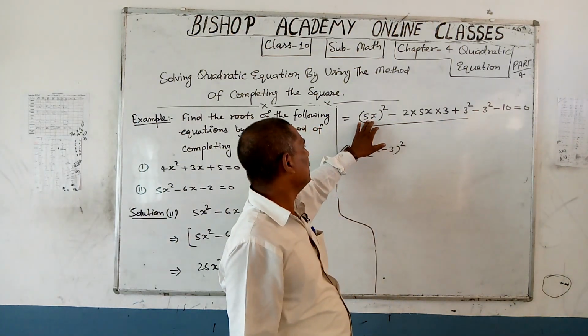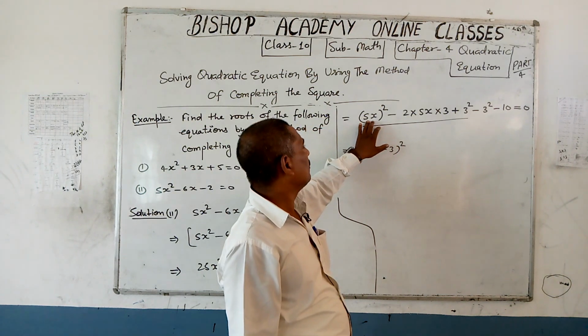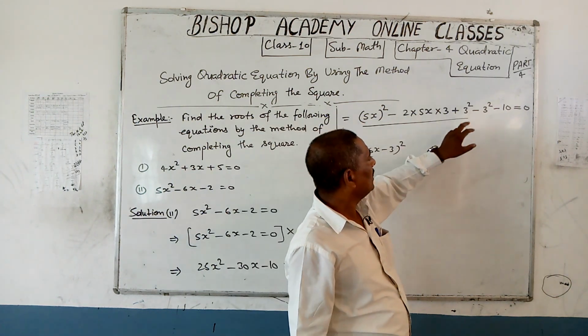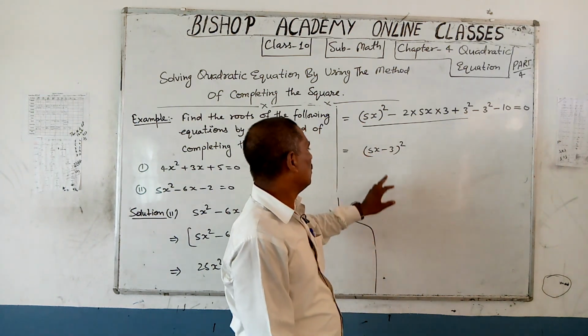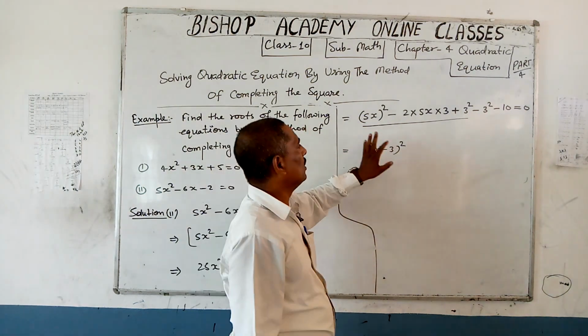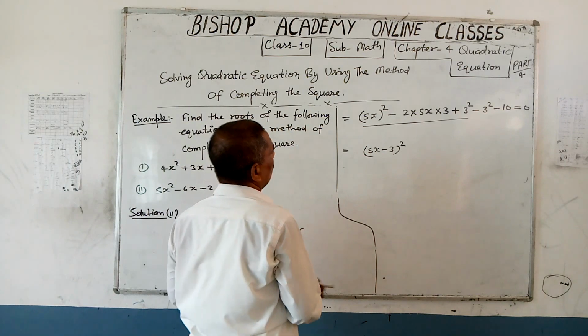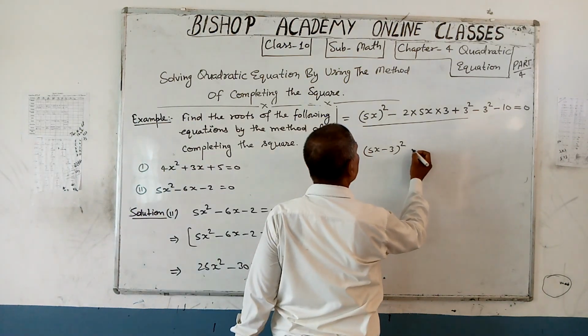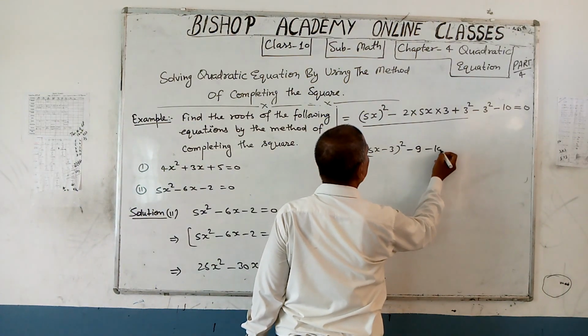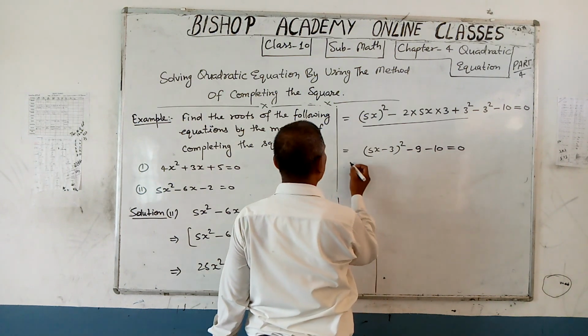In the place of a, I mean 5x, and in the place of b, I mean 3. So a minus b whole square in the place of this whole expression. Now take down the last 3 terms. Minus 9 minus 10 is equal to 0.